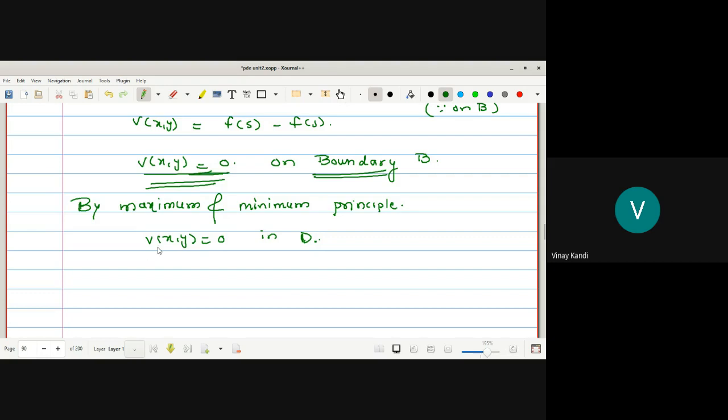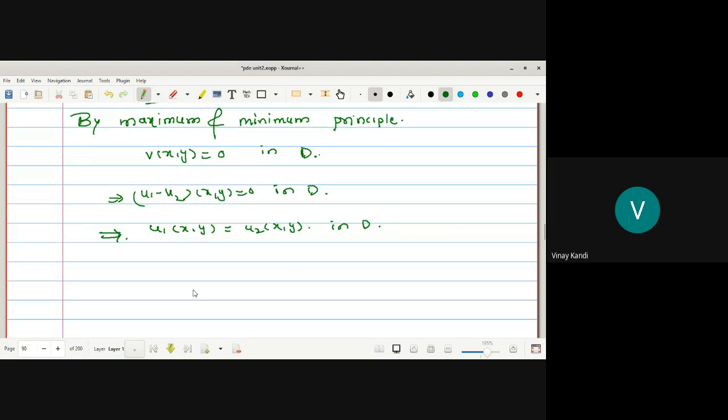So in D this implies u1 minus u2 of xy is equal to 0, that is u1 of xy is equal to u2 of xy in the whole domain D. Thus the solution of the Dirichlet problem is unique.